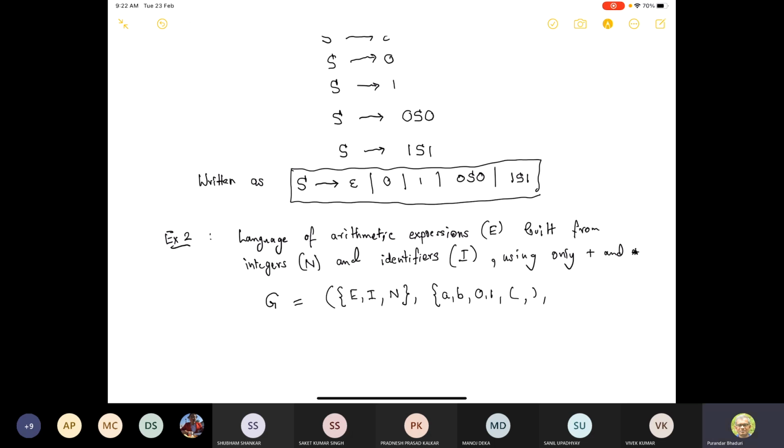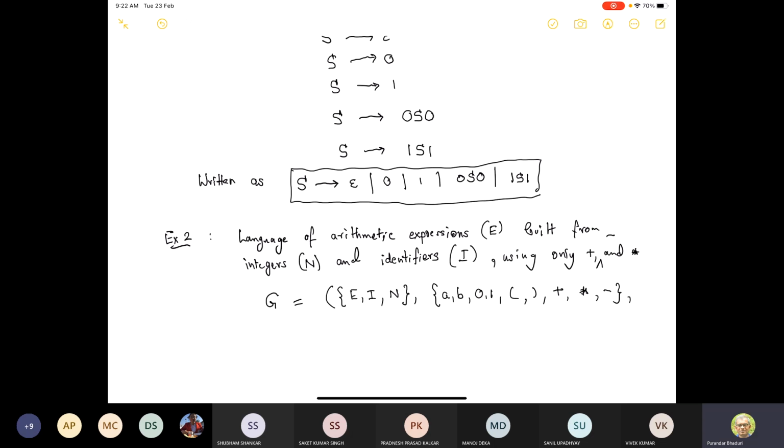And you also have open and closed parentheses. And you have the operations plus and star. Well, let us throw in minus as well. So include the addition, subtraction, and multiplication, right?